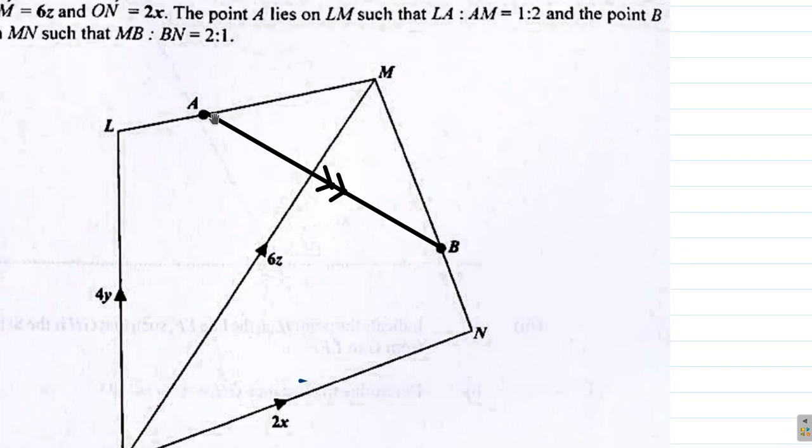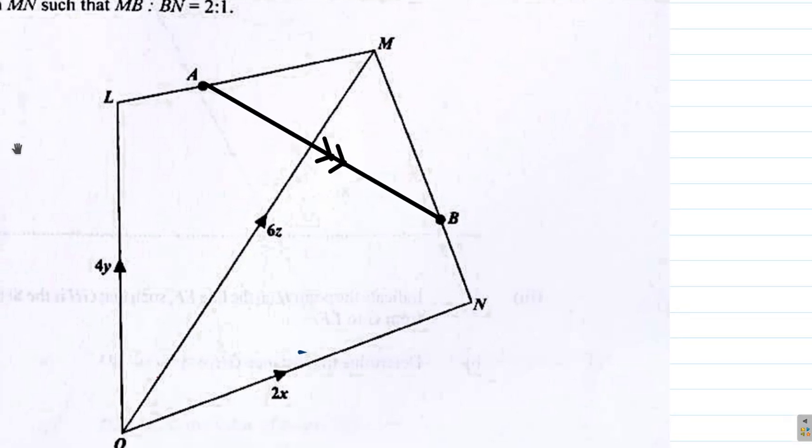Now, looking at this, my strategy here is this. I can go from L to M. LM is not marked, but going from L to M is the same as going from L to O, then O to M, which is marked. All right?